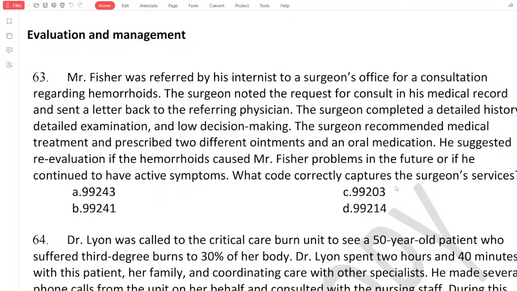He suggested re-evaluation if the hemorrhoids caused Mr. Fisher problems in the future or if he continued to have active symptoms. What could correctly capture the surgeon's services? This is the question. Here 99243 is option A, option B 99241, option C 99203, and option D 99214.